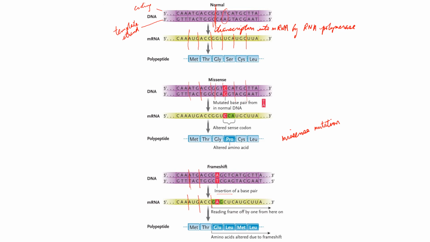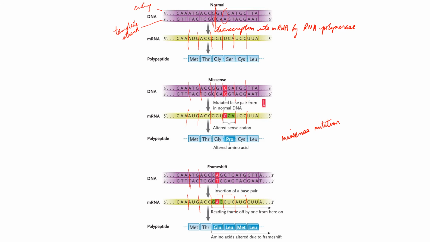But now, because of the addition here, everything has shifted. Right? AUG, that's fine. ACC, that's fine. But now instead of GGU, we have GAG. Instead of CCA, we have CUC. Instead of UGC, we now have AUG. Instead of UUA, we now have CUU.